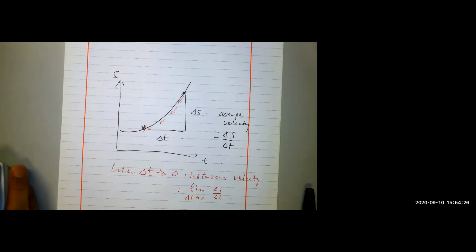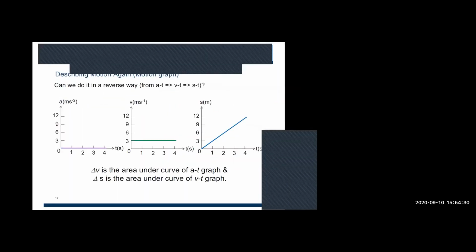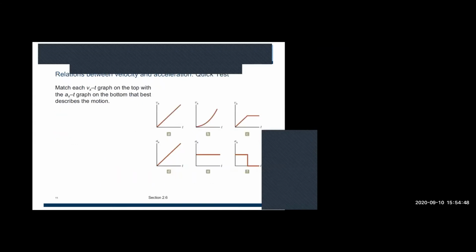Go back to the lecture notes first. That would be shown in small characters. The instantaneous values are usually shown in small characters, where if you have the average values, typically they would be written with the letters AVG at the back.